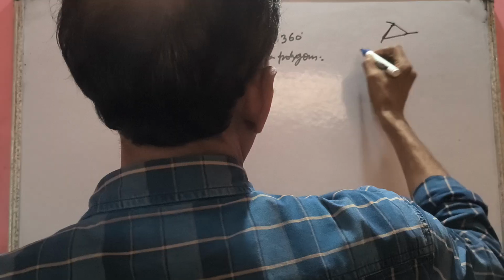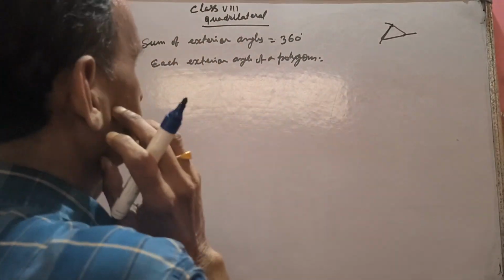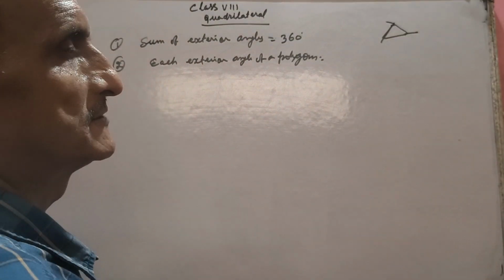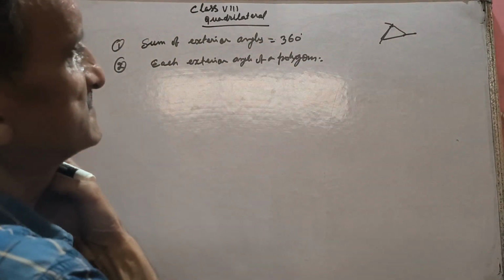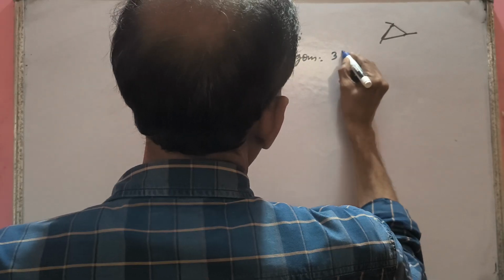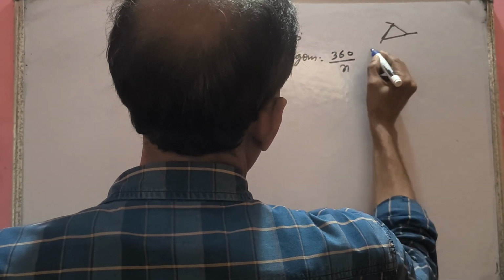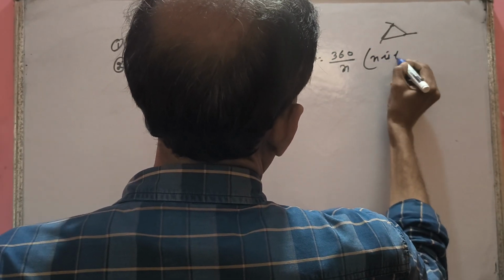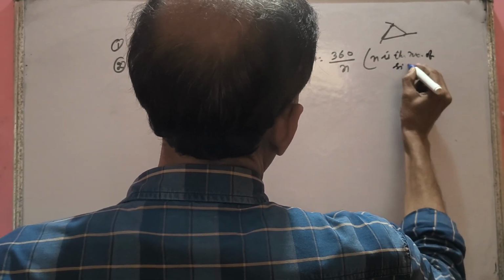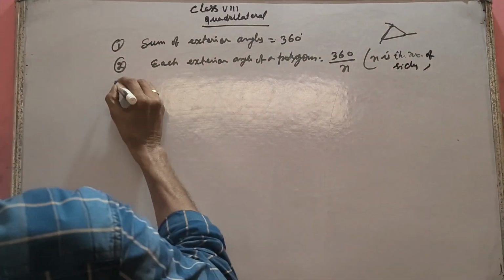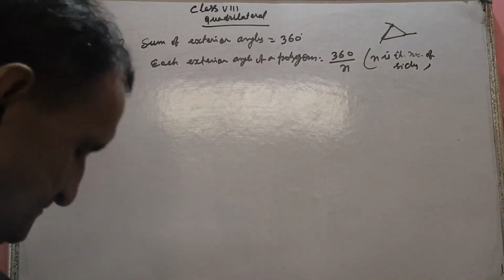If the number of sides is 3, the number of angles is 3; if the number of sides is 4, the number of angles is 4, and the sum of all exterior angles is 360 degrees. So each exterior angle will be 360 degrees divided by the number of sides, n. Understood?